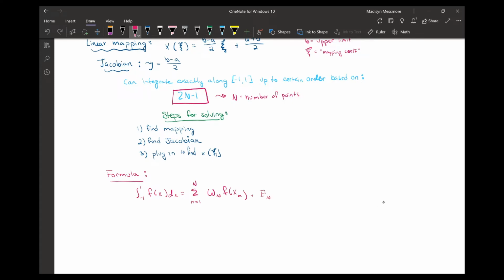But your error, you don't need to be concerned with. There's a whole nasty function to find the error. It's in my review sheet, but I don't think you need it. Anywho, so for example, like a 3-point.